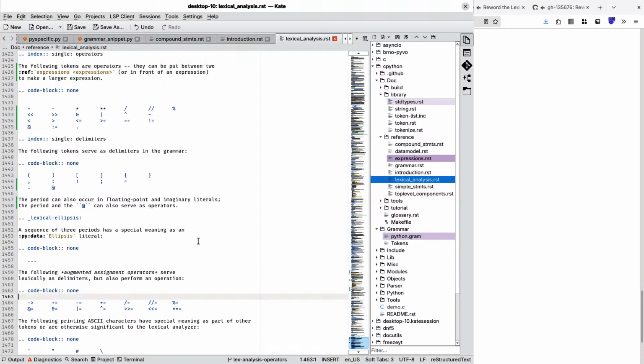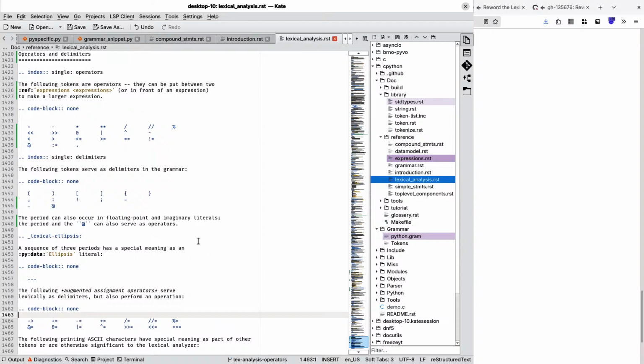So should we also define delimiters? Ideally, we would. Yeah, kind of.